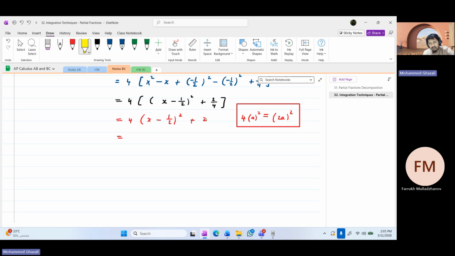Because remember, when you're completing the square, okay, we can use that other formula. So it's fine. You can take the 4 back inside. Now, if you're taking the 4 inside, it's going to become 2x, and then 2 times minus half, something like this. Not like that, with the square outside.